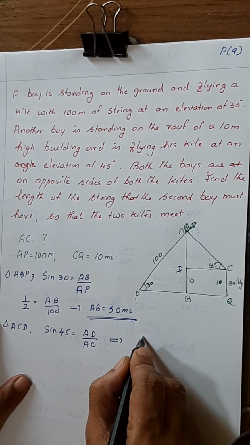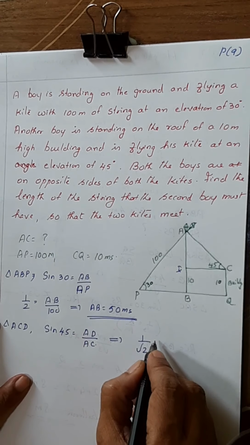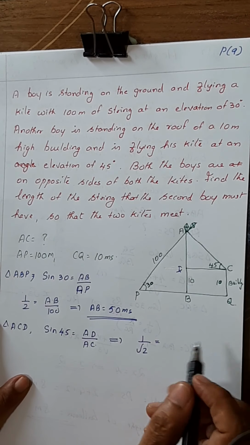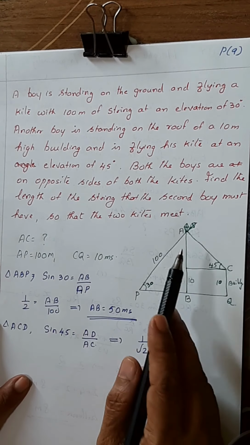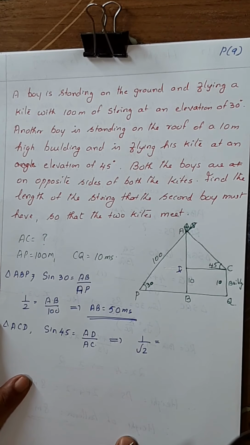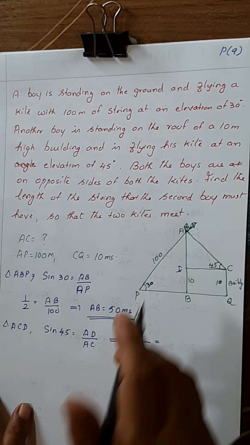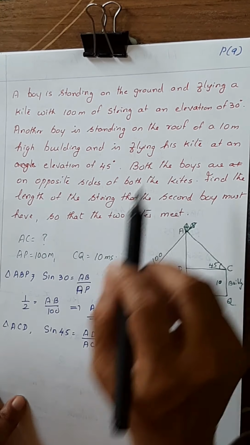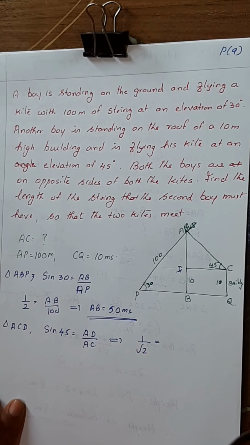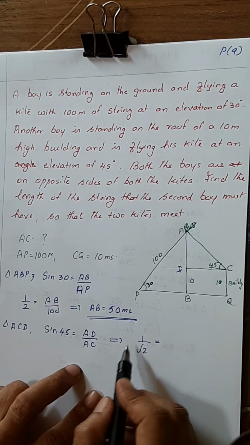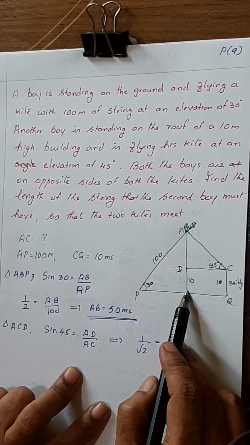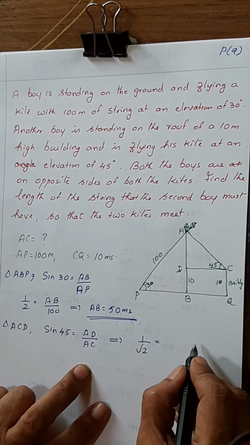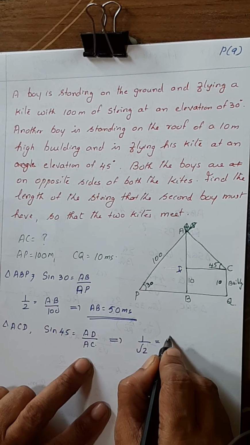So we get 1 by root 2 is equal to AD by AC. So we need AD, so we know AB, and this is 10 we know, so AD is equal to 40.